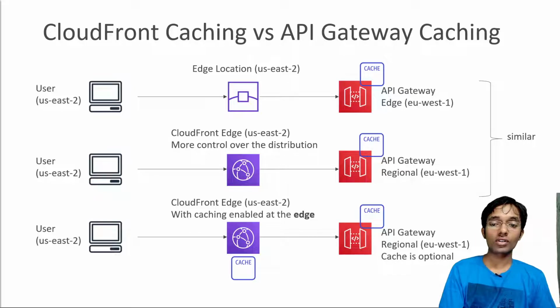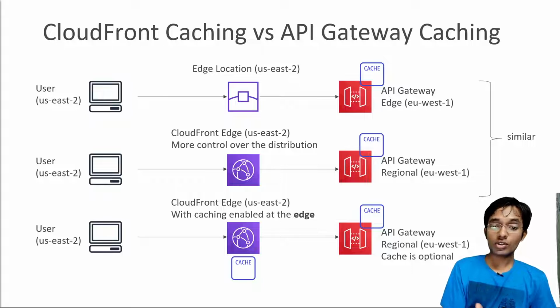But one really interesting side effect of this, even though these two solutions are similar, is that now we have a third option. In this option we have an API gateway that's going to be regional, and again the cache is at the API gateway level. But now, using CloudFront Edge, the CloudFront distribution in the edge location, we have the option to have caching facility at the edge for your API.